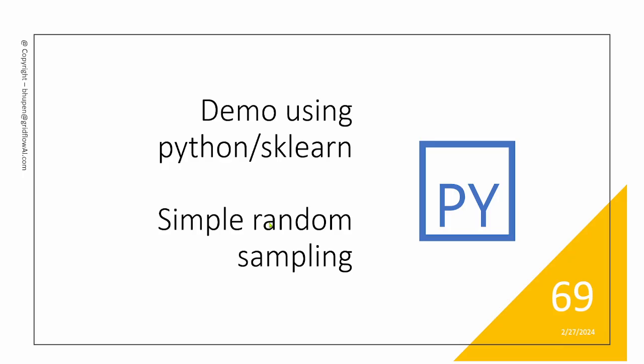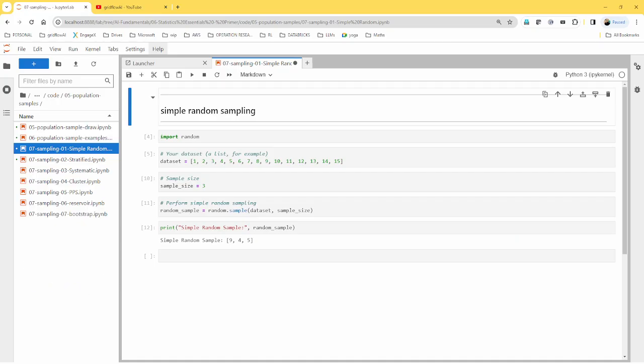I'm going to show you a little Python demo using simple random sampling. This is simple code where I have some data set here, and I'll pick randomly a sample of 3. We can use the NumPy or random package, use sample, mention your data set and provide the sample size.